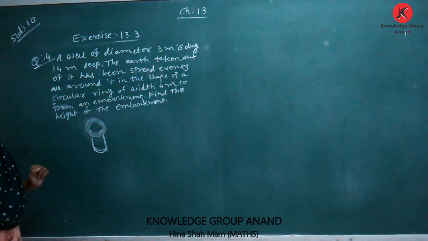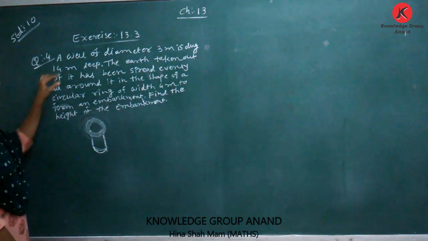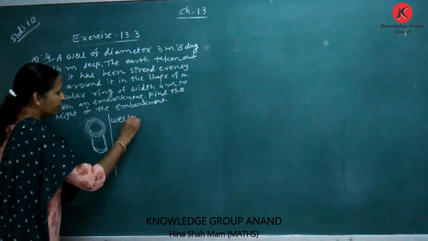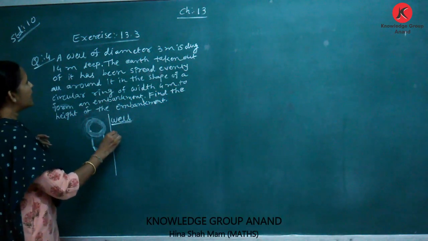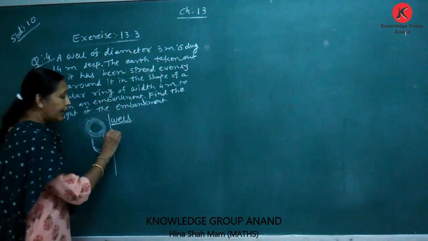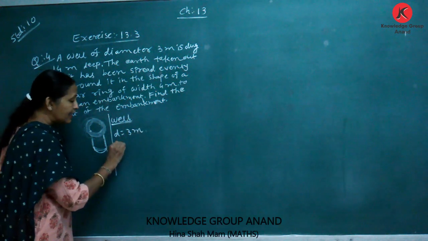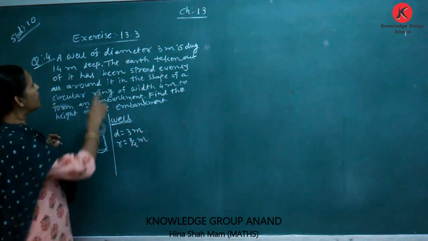Find the height of the embankment. In this question, the well's diameter is given. Its diameter 3 meter is dug 14 meter deep. Diameter is equal to 3 meter. Therefore, its radius is equal to 3 by 2 meter.